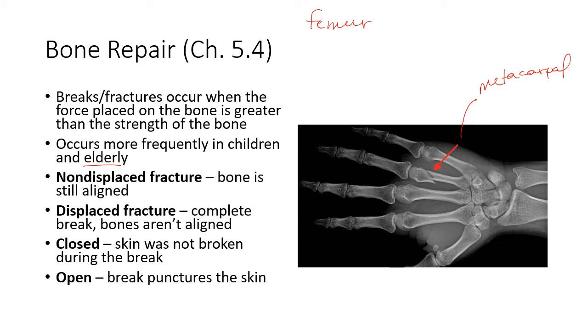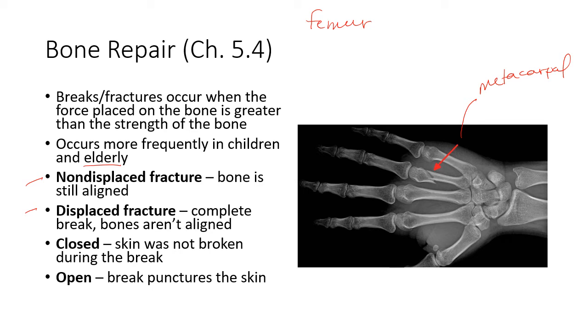There are a lot of different ways of classifying fractures, but there's four main classifications that we'll talk about here. Fractures can be considered non-displaced versus displaced. In a non-displaced fracture, the bone can be completely broken or only partially broken, but the bone is still aligned.